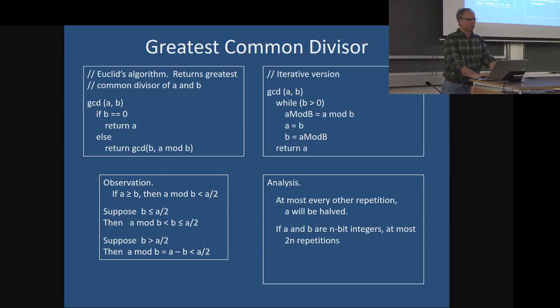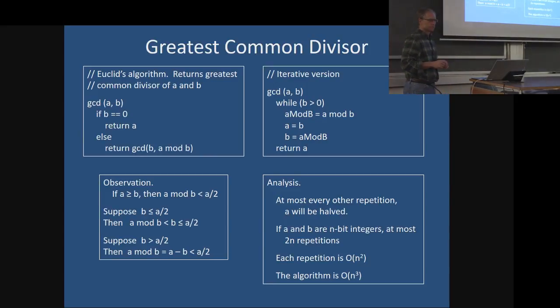So if A and B are n-bit integers, that's at most 2n repetitions, because every other time A gets at least 1 bit smaller. And each repetition is n squared operations, which would tell you that the algorithm is O of n cubed. It turns out this analysis is overly pessimistic, and the algorithm is actually n squared.